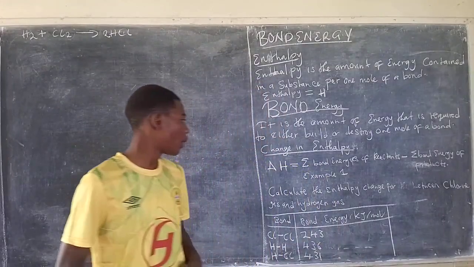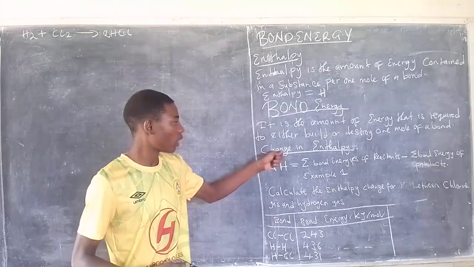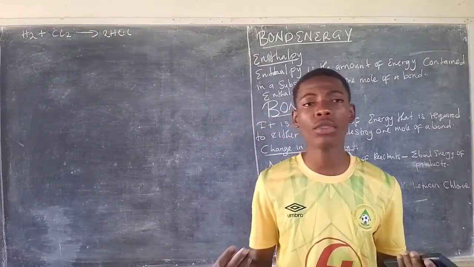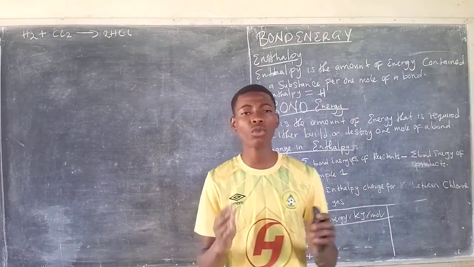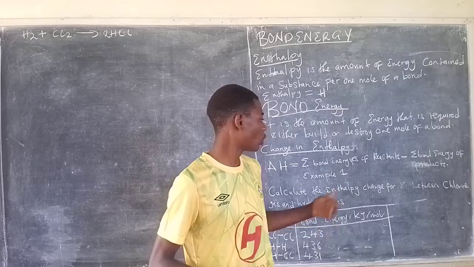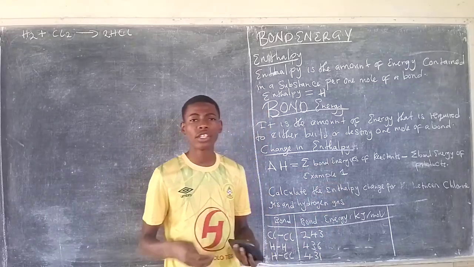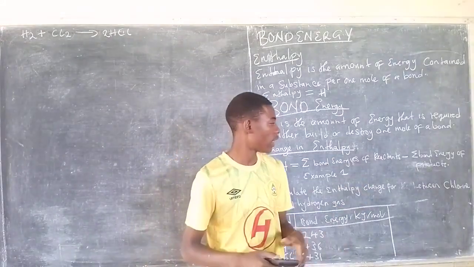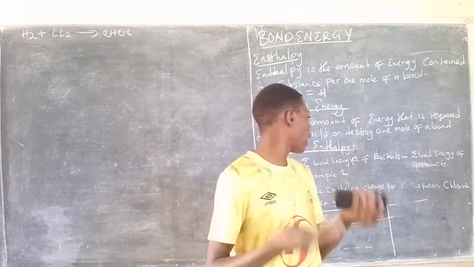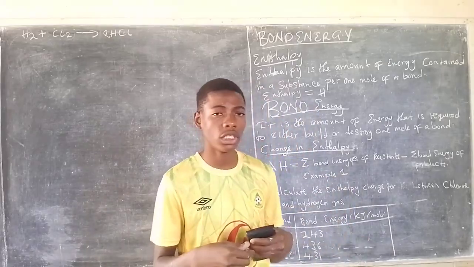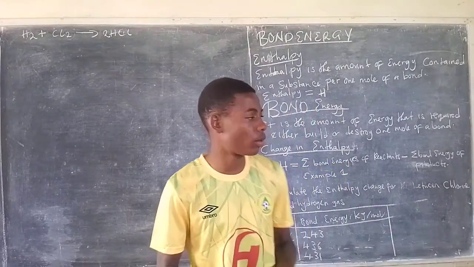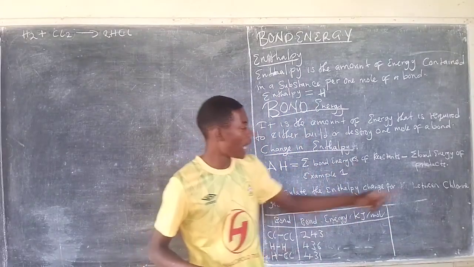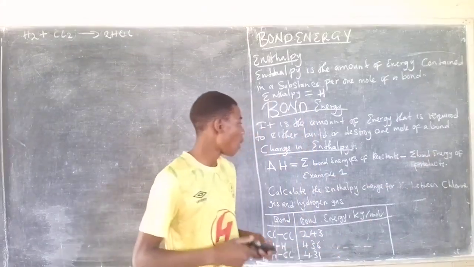Now, if we are calculating the change in enthalpy, which is the change in the amount of energy, for you to calculate the change, you must first look at what you started with, which are the reactants. So the change in enthalpy should be equal to the bond energy of reactants minus the bond energy of products.